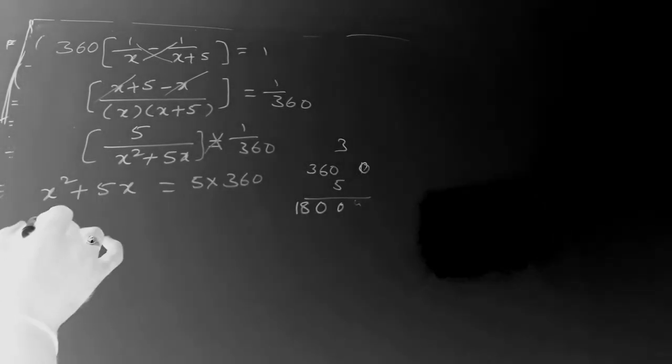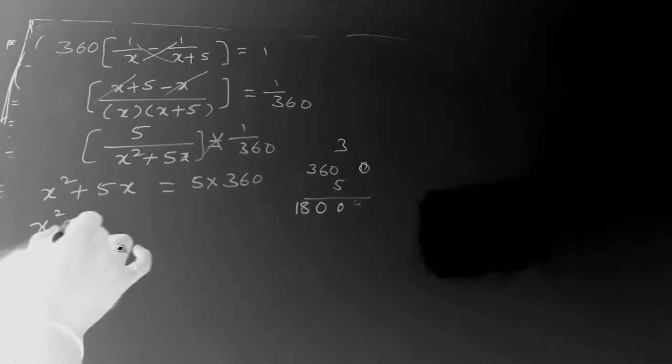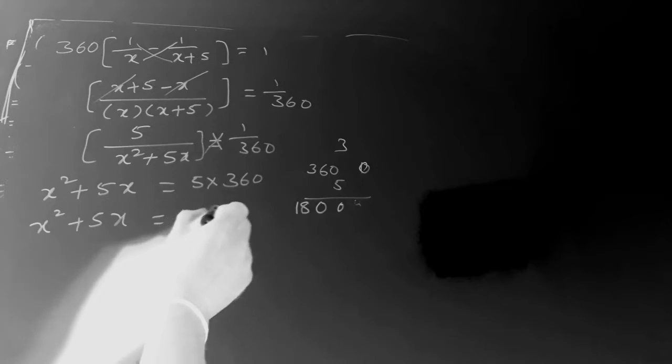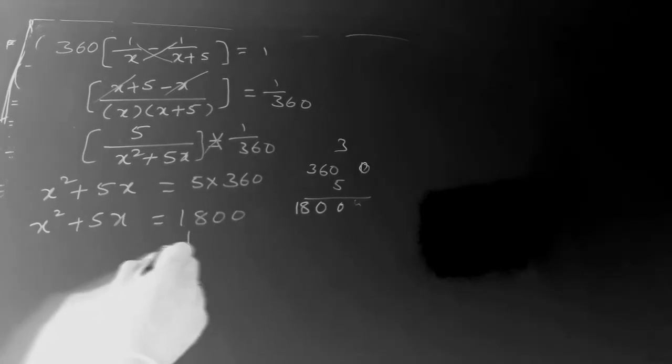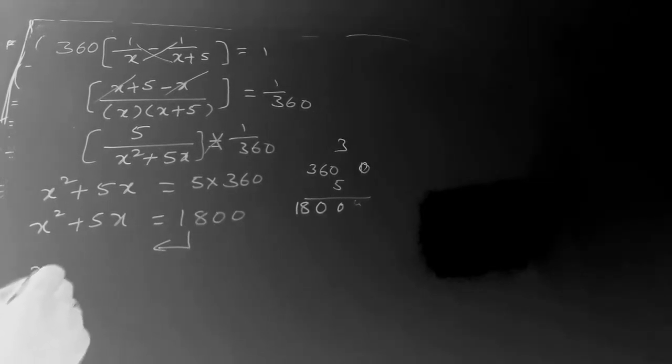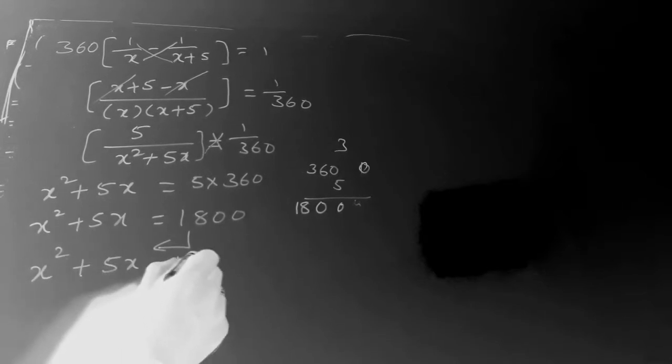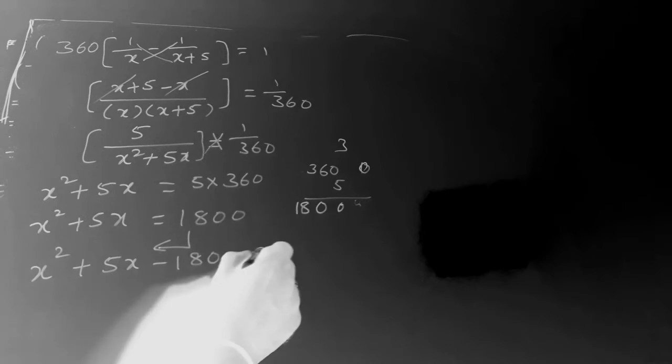So I am getting 1800. So that is equal to 1800. Now we bring this 1800 to the left side: x square plus 5x minus 1800 is equal to 0.